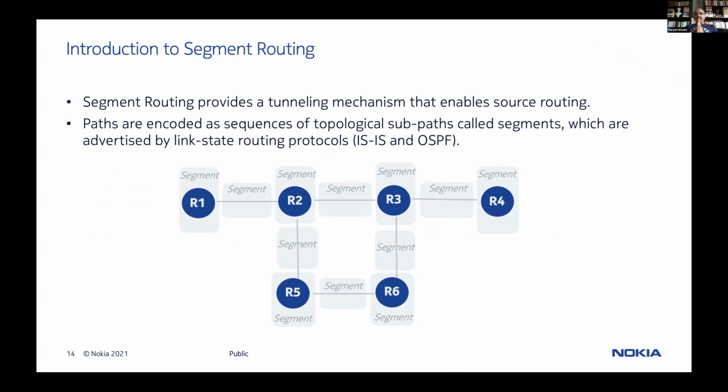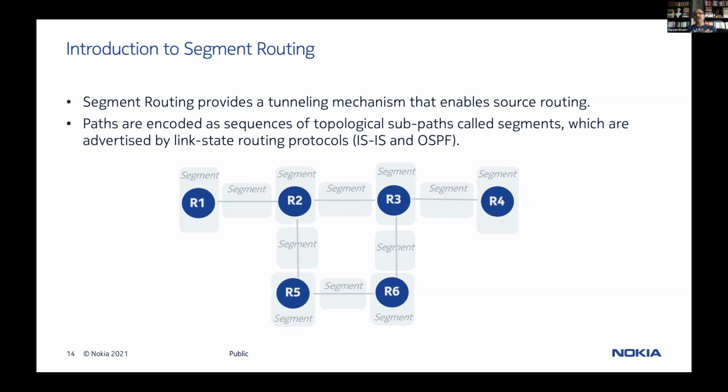Now, what exactly is segment routing? And why do we call it a segment? In its most simple definition, segment routing is a way of establishing a tunnel between a source router and a destination router.